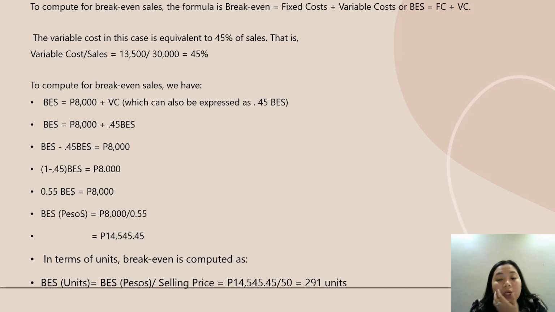For example, if you need to sell 291 units, you don't have profit, because that would be the break-even point. If the sales become 350 units, you can identify how much profit you have there.